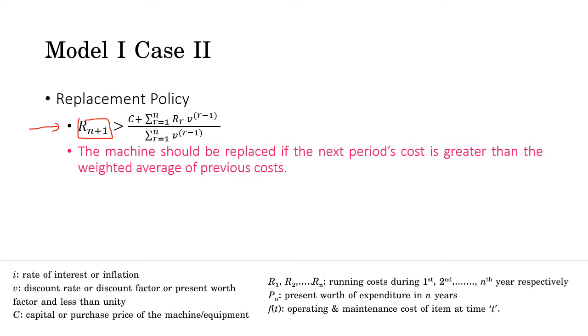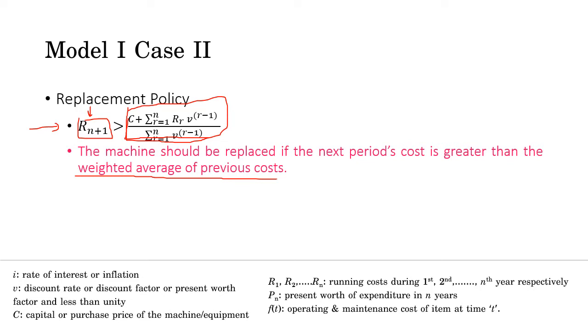So this is the weighted average cost up to the nth year, and when we find that the running cost of the next year, which is R n plus 1, is greater than this weighted average of previous costs up to the current year, or nth year, we replace the machine.